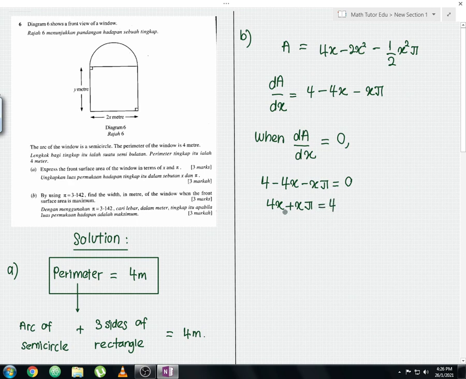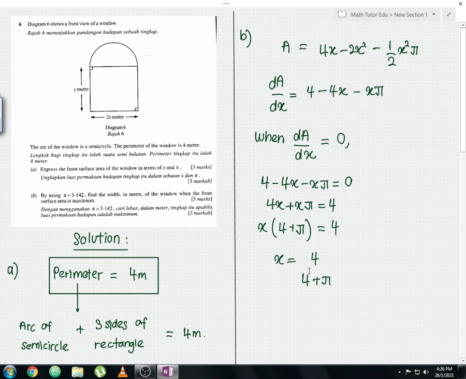From here we can factor out the x, so you get x times 4 plus pi equals 4. To find x, you divide the 4 by 4 plus pi. So x will be equal to 4 divided by 4 plus pi.